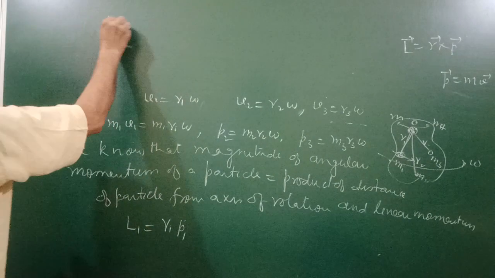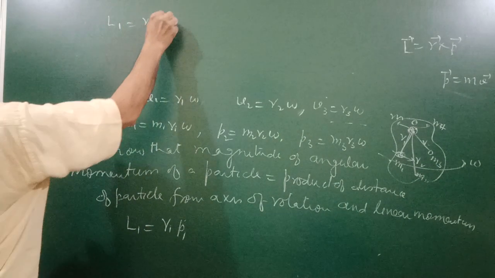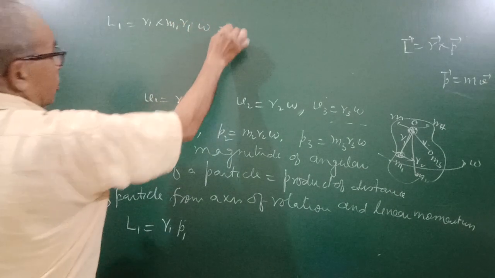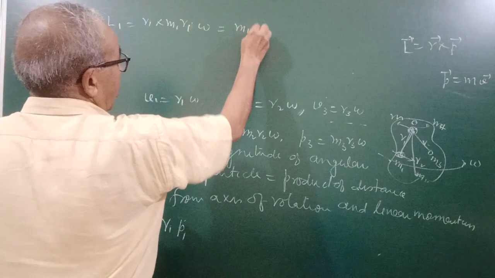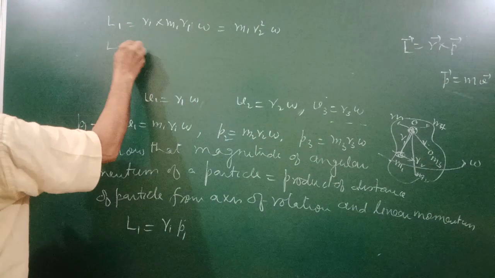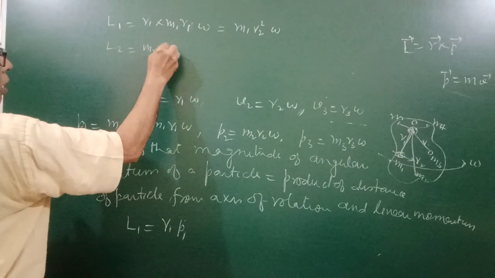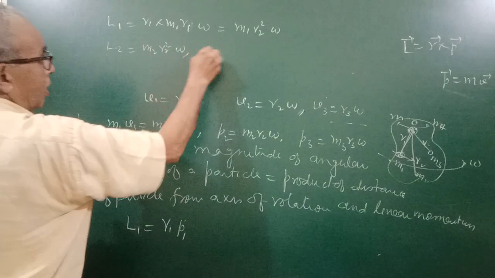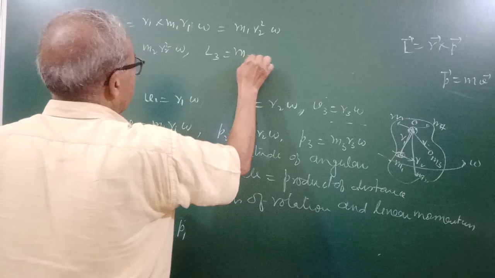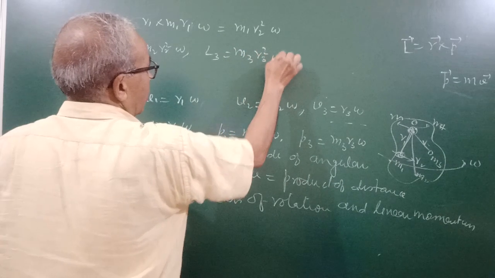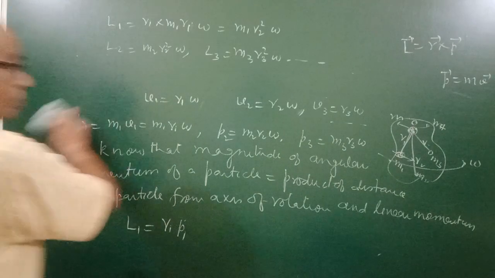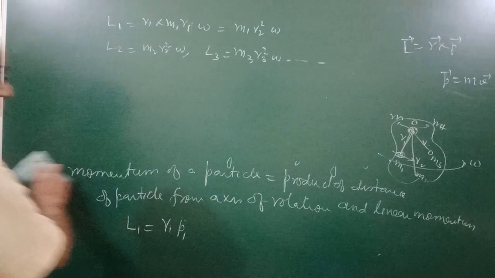So L1 is equal to r1 into m1 r1 omega, which is equal to m1 r1 square omega. Similarly L2 is m2 r2 square omega, L3 equal to m3 r3 square omega, and so on. The sum of all these will be the angular momentum of the whole body.